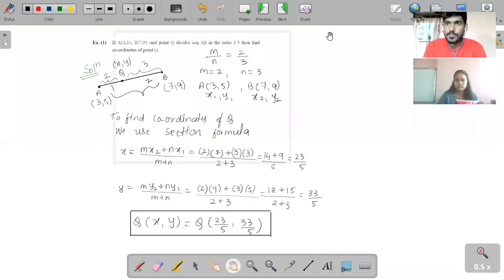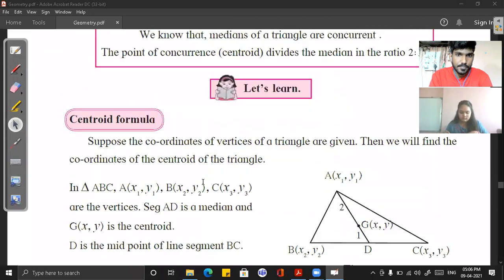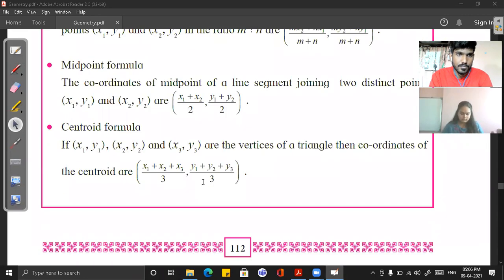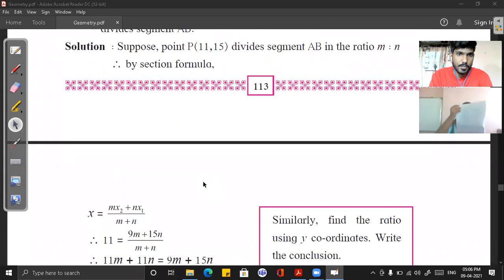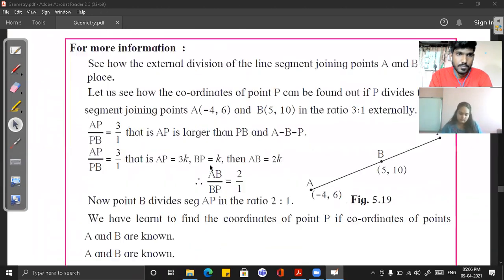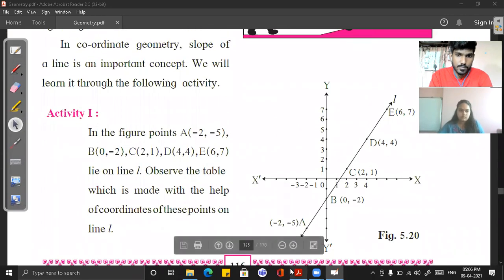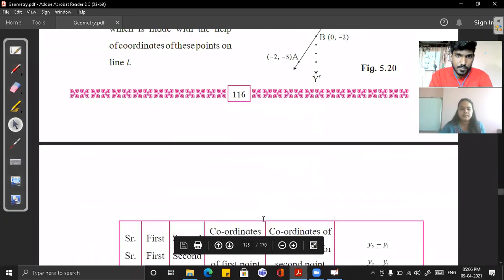Let me have a look at the problem set. Page 122.